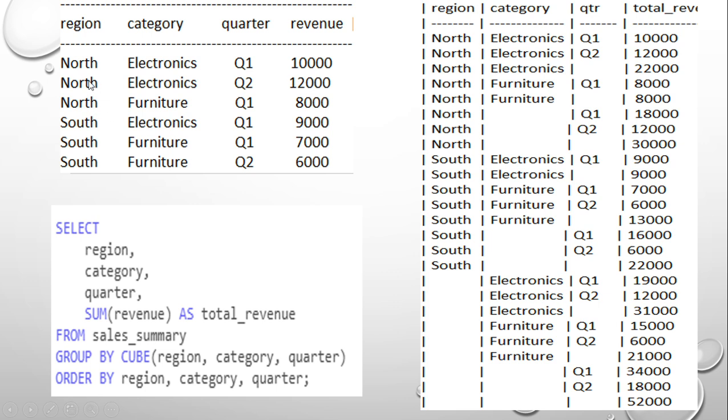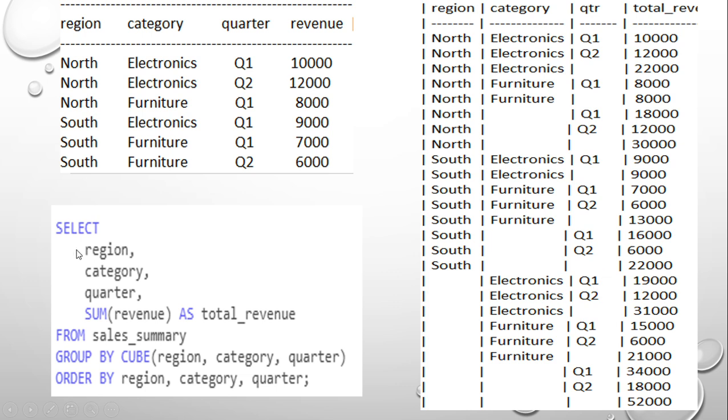In the same north region I also have furniture, which is there only for quarter 1, so its subtotal is also the same. In the same way it gives the south region, so it is giving almost all possible combinations.